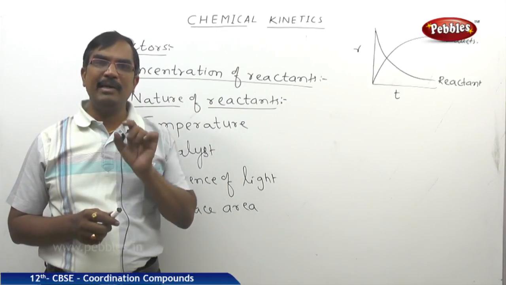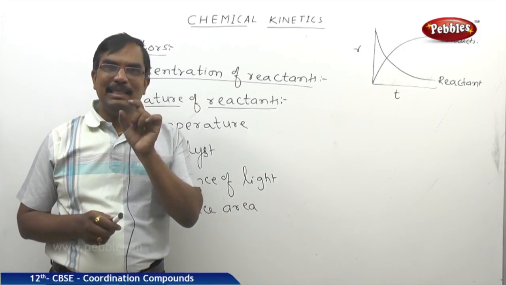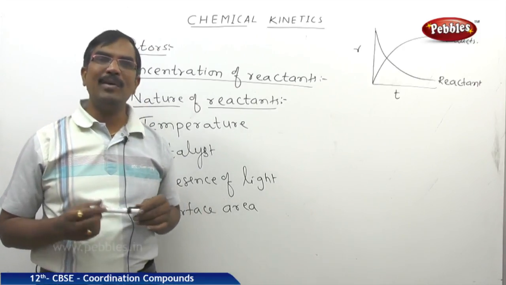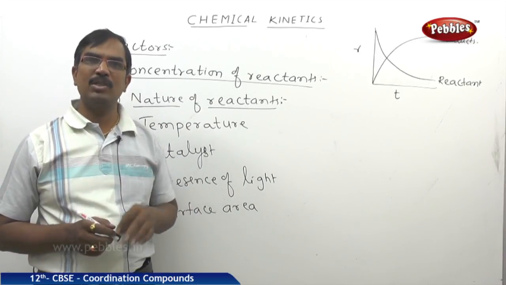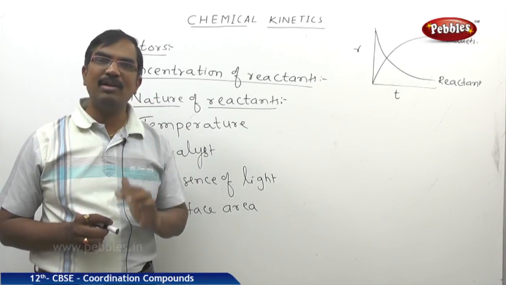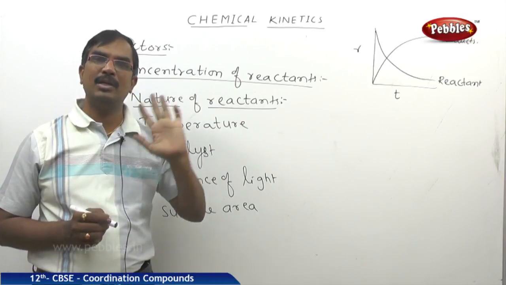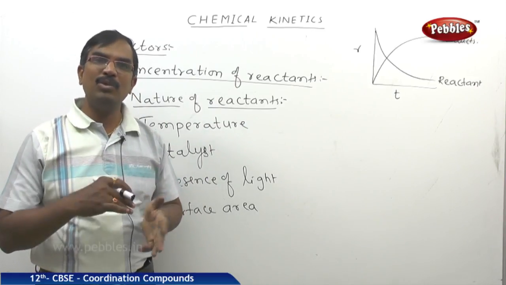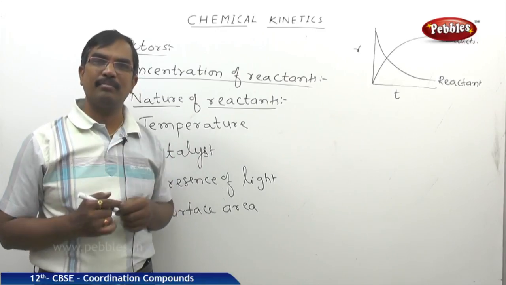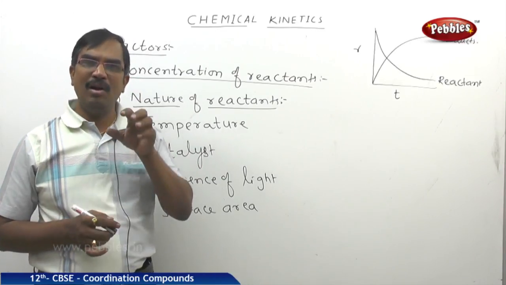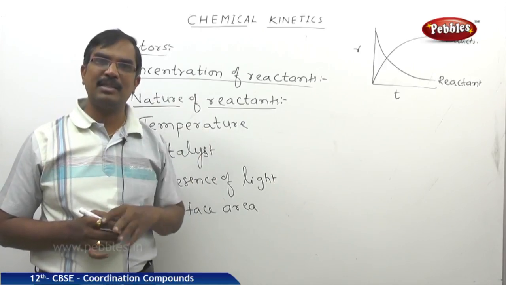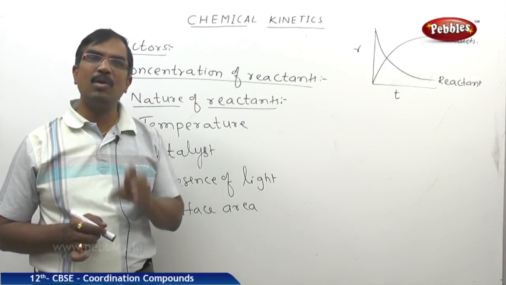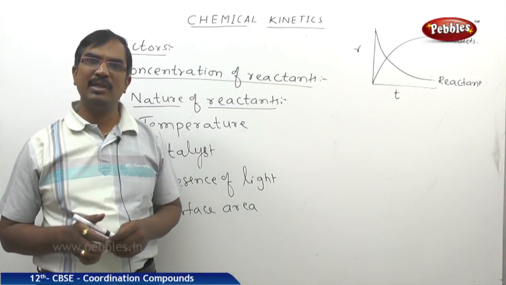That's why the rate will be slow, because breaking of the existing bonds and formation of new bonds both involve some time. That's why the reaction between ionic compounds is very fast, and the reaction between covalent molecules is generally slow in nature.